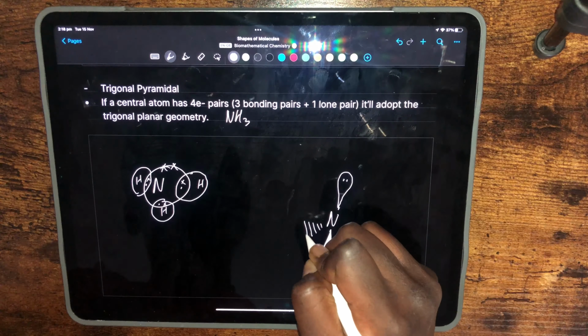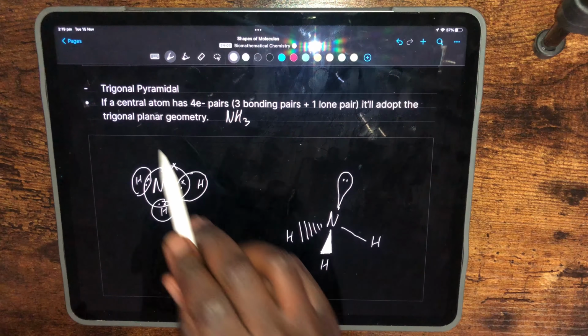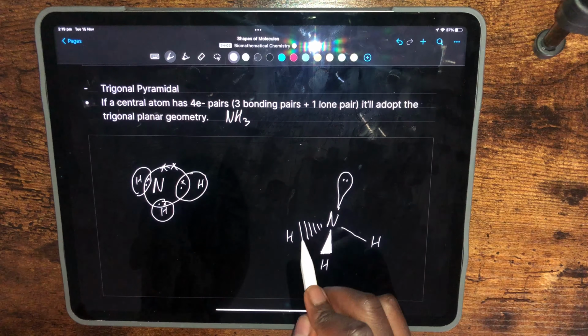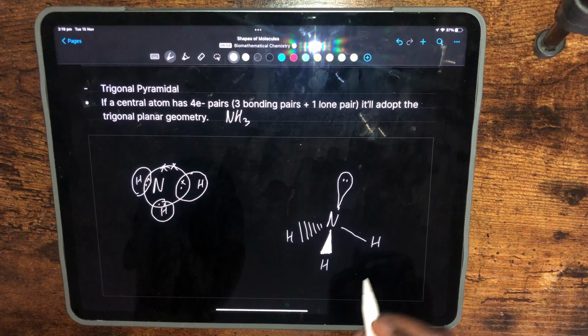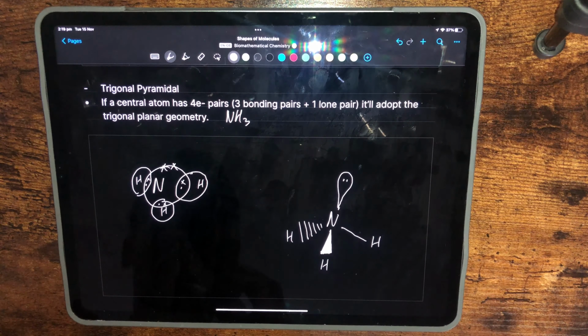Hydrogen here. And this is considered to be trigonal pyramidal, and it's kind of like a pyramid shape here, because the base of the pyramid is forming here with the 3 hydrogens on there and then the nitrogen on top.